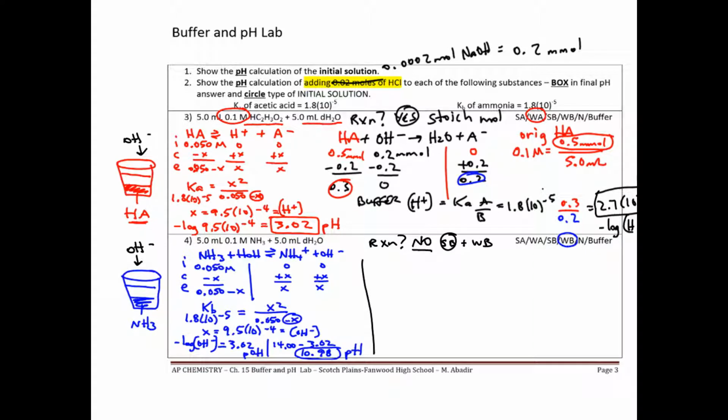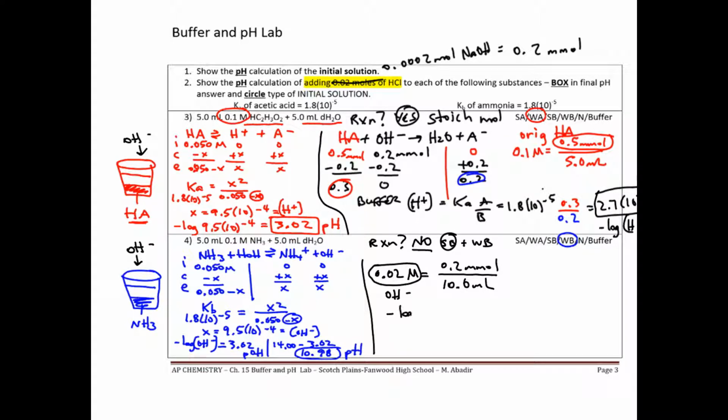So to do that, I'm going to take moles over liters. I'll use millimoles. So I have 0.2 millimoles over a total of 10 milliliters. So that gives me a molarity of 0.02. This is the molarity of the OH minus.